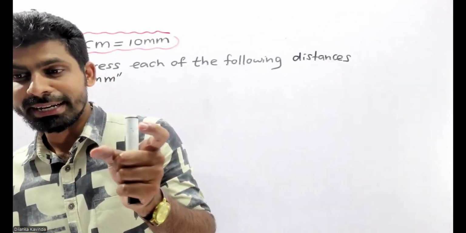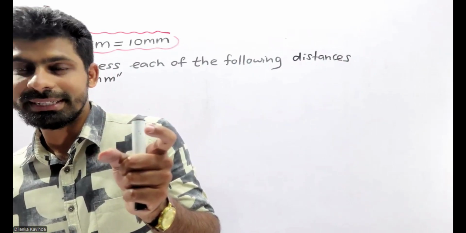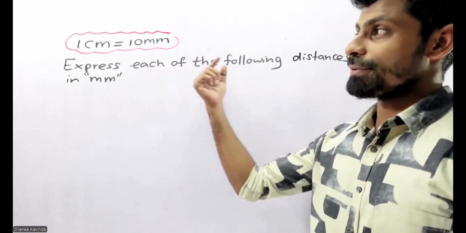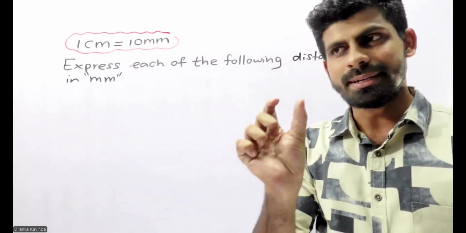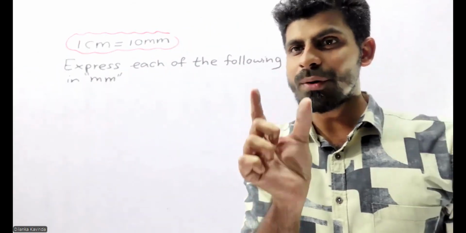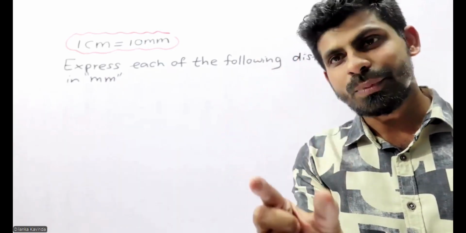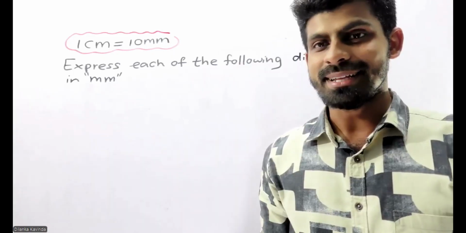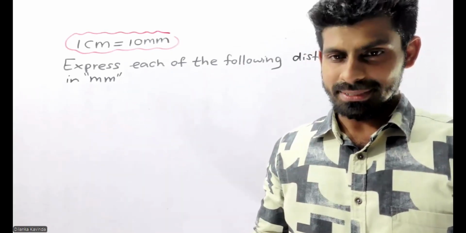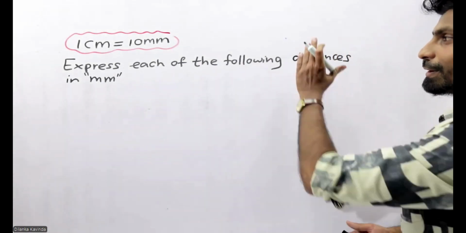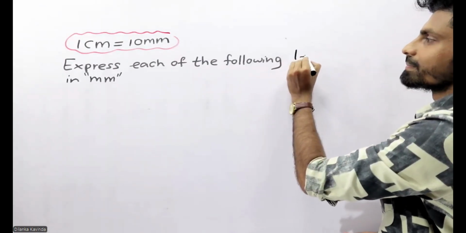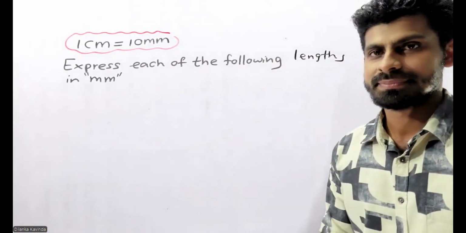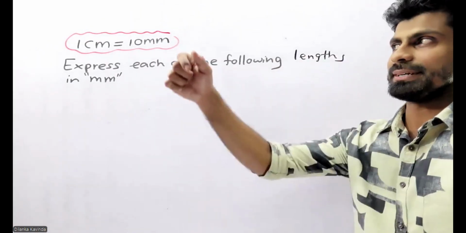Distance, so that means it's better to use kilometers. Now, express each of the following in centimeters. Centimeter is very small. Millimeter is the smallest part. Centimeter is a little bit larger than millimeters. So it is better to use the following lengths in millimeters.